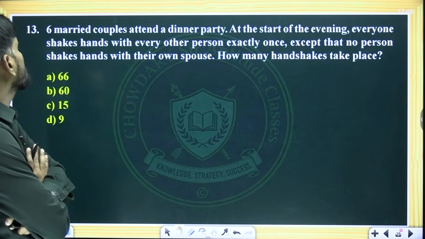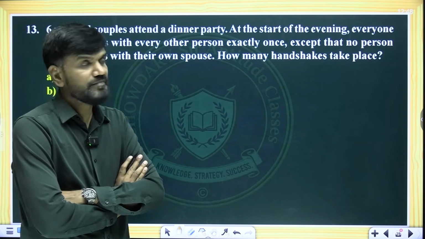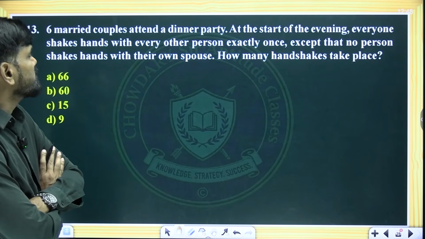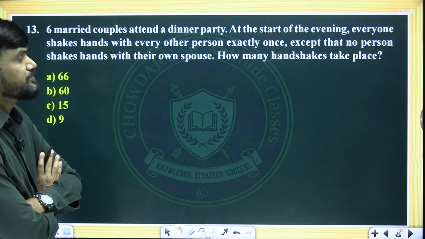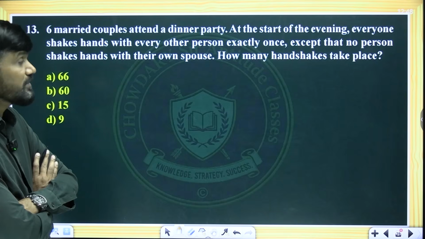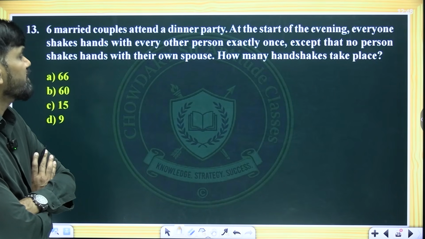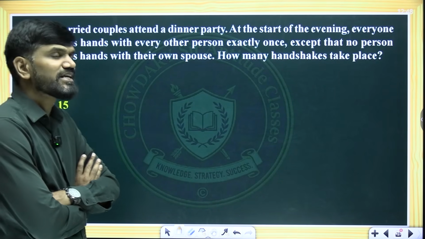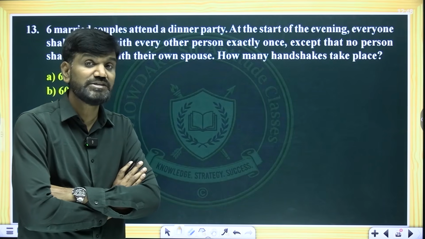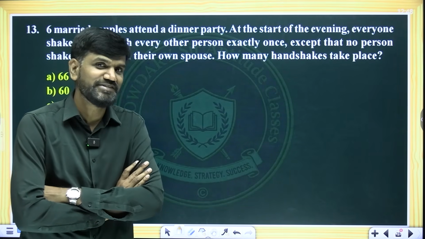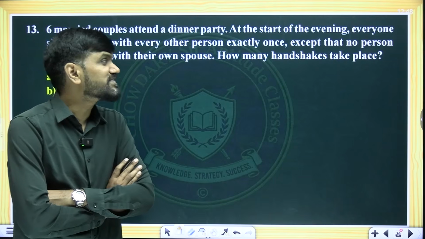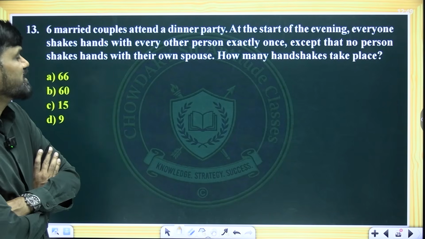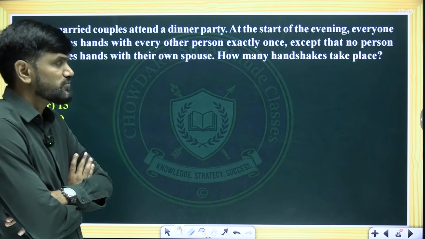Next, problem number 13. 6 married couples attend a dinner party. At the start of the evening, everyone shakes hands with every other person exactly once, except that no person shakes hands with their own spouse.